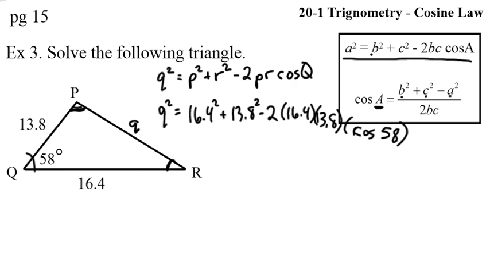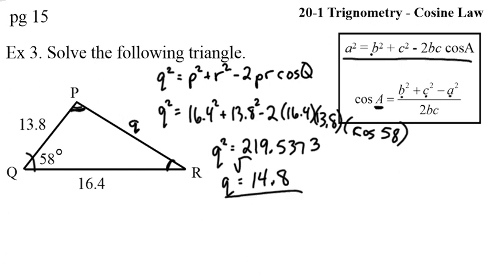So when I substitute all that in, make sure on your calculator, and you should practice this, we should end up with Q squared equal to 219.5373, but we always square root to get Q, and Q works out to be 14.8. So we know that that's a 14.8 calculation.